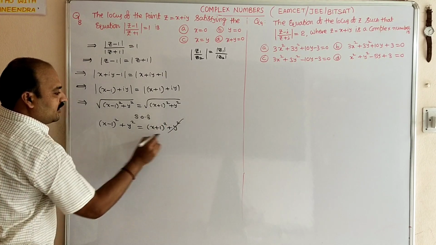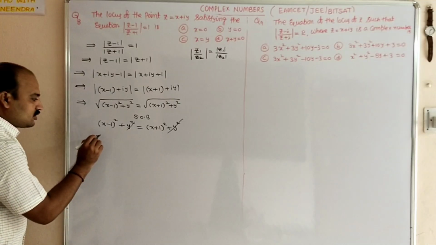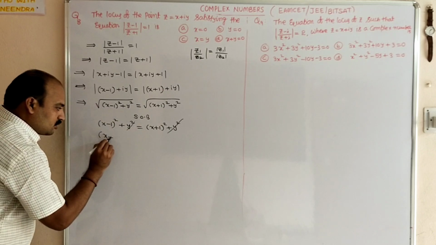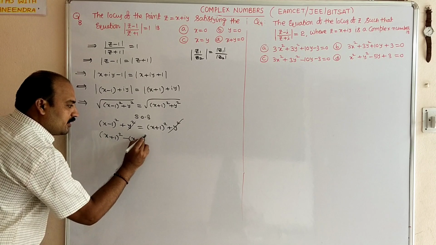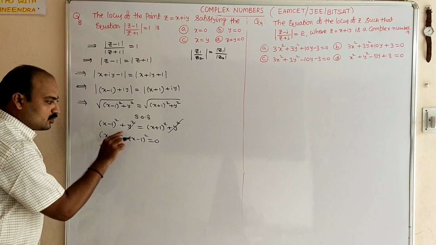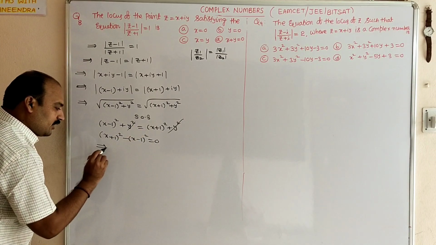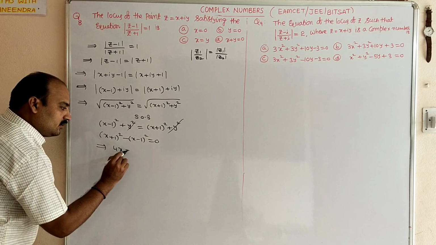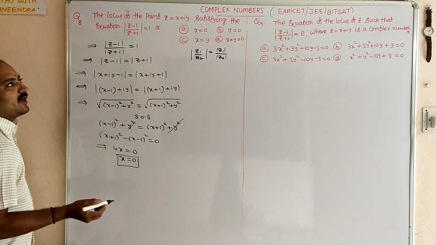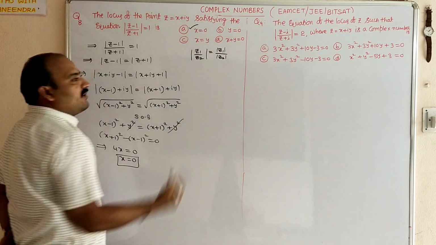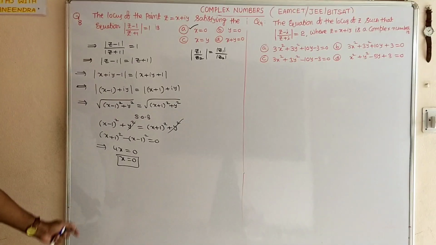On both sides y square gets cancelled. So (x + 1)² - (x - 1)² = 0. (a + b)² - (a - b)² is 4ab, so 4 into x into 1. So x = 0. x = 0 means the y-axis, and the direct answer is given, so the first option is the right option.